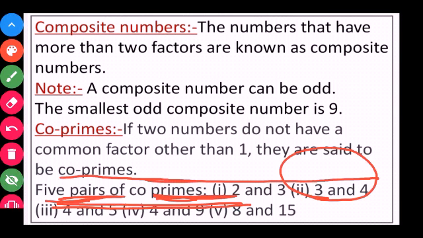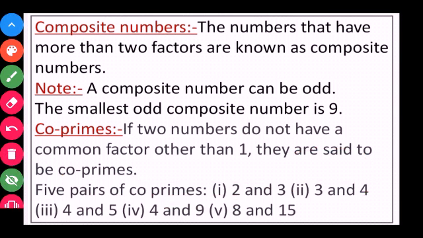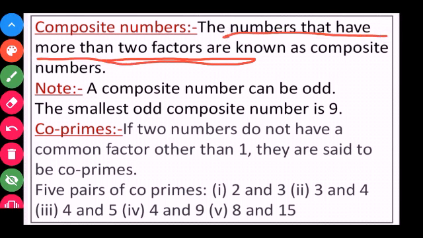Now next slide. Now the definition of composite numbers. You learned what a prime number is: a prime number has only two factors, one and itself. In the case of a composite number, a number which has more than two factors is said to be a composite number.